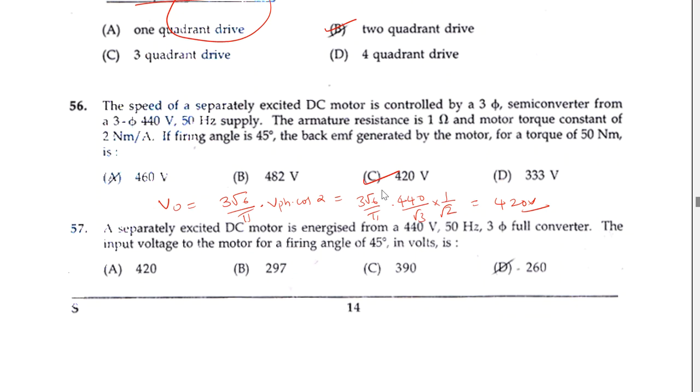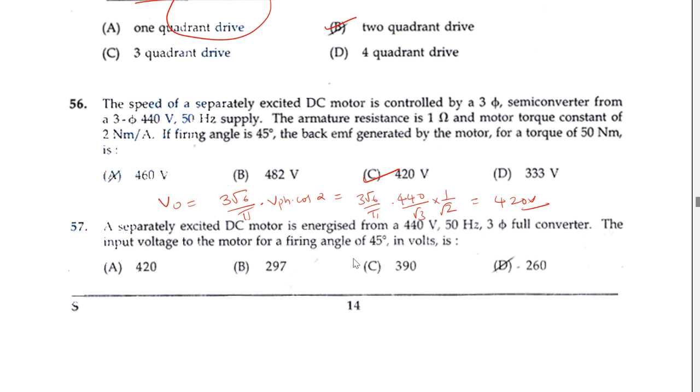Okay. Next one. A separately excited DC motor is energized from a 440 volts 50 Hz three-phase full converter. The input voltage to the motor for a firing angle of 45 degrees is. So here we are using a converter, three-phase full converter. Okay. And what is the output voltage they are asking?